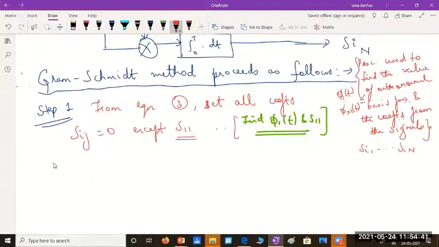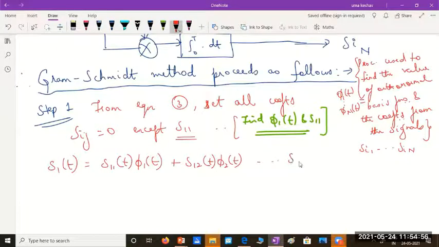In equation 3, I had S1 of t is S11 phi 1 of t plus S12 phi 2 of t, and so on, S1n phi n of t. Here I am going to set all this to 0 now. All the other coefficients are 0.